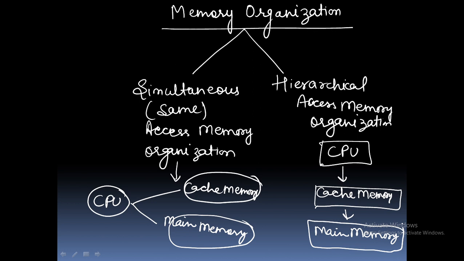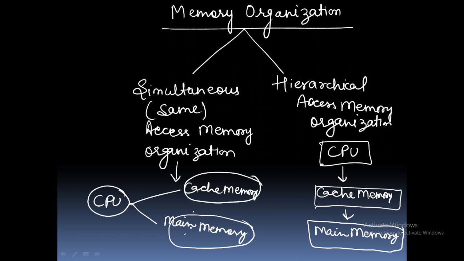In simultaneous access memory organization, all levels of memory are directly connected to the CPU. Cache memory and main memory, both are directly connected to the CPU. Whenever the CPU requires any word, it starts searching for it in all levels, cache memory and main memory, simultaneously.